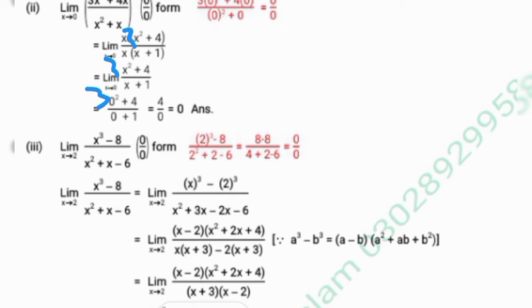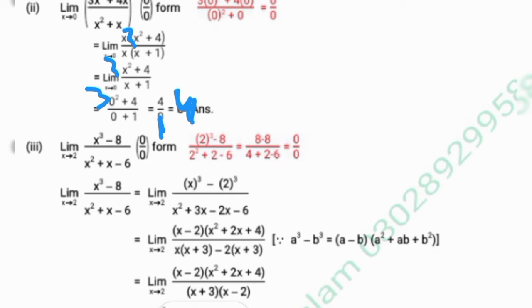And there is x plus 1 in the denominator, the value of x is 0, and plus 1 will be written the same. 3 into 0 square, that is 0, and plus 4, divided by 0 plus 1. There is another mistake, that is 1, and 4 divided by 1, the answer is 4. There is a typing mistake in this question.